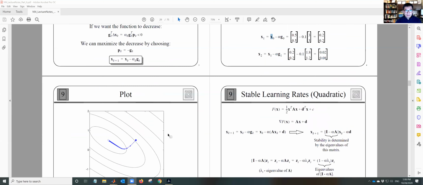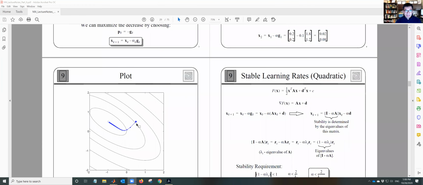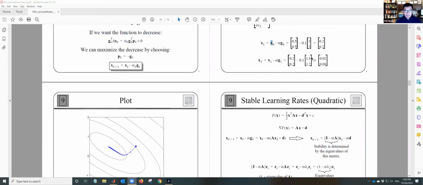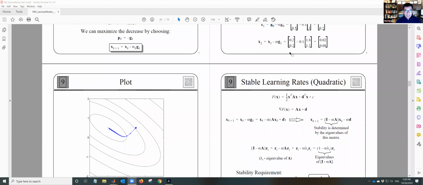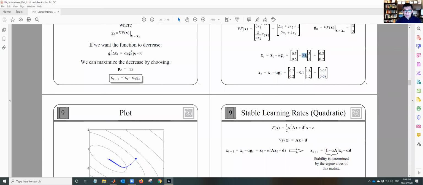From 0.5, 0.5, the first iteration comes to 0.2, 0.2, and the second location is 0.02, 0.08. Then you continue and you will reach the minimum, using the same learning rate, 0.1.